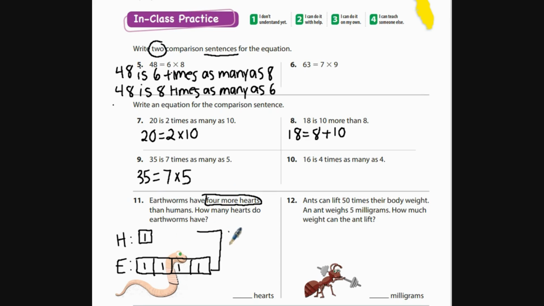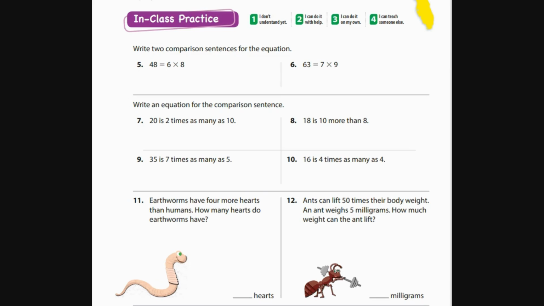So if a human is 1 and the earthworm is 4 more than 1, that means that an earthworm has 5 hearts. So the answer is 5. How many hearts do earthworms have? They have 5 hearts. Okay, so earthworms have 5 hearts.